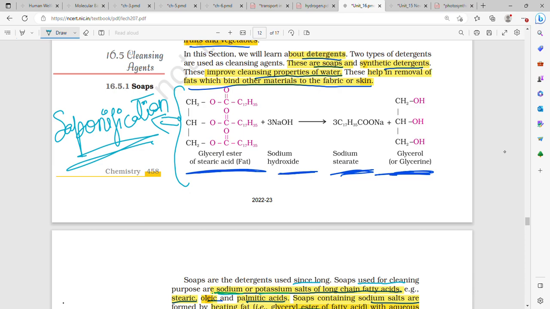Glycerol ester of stearic acid, fat, plus sodium hydroxide gives sodium stearate and glycerol or glycerin.